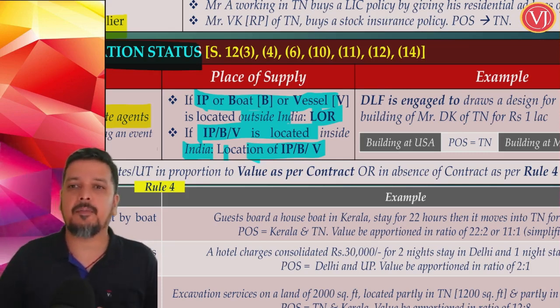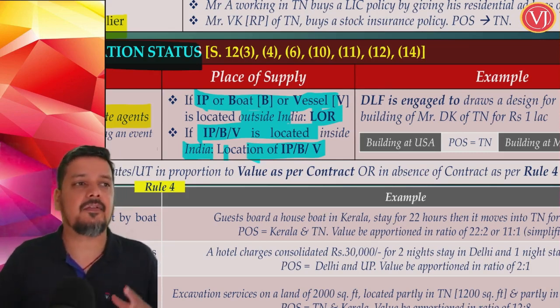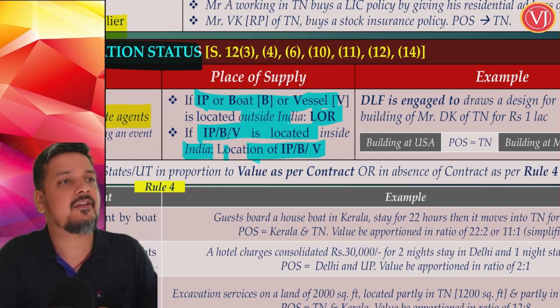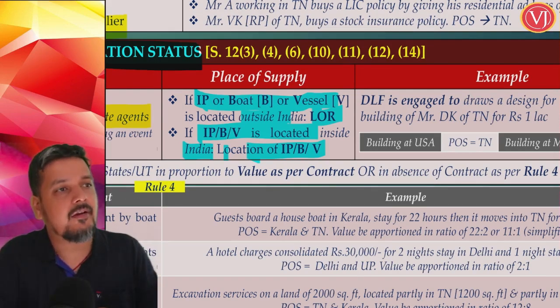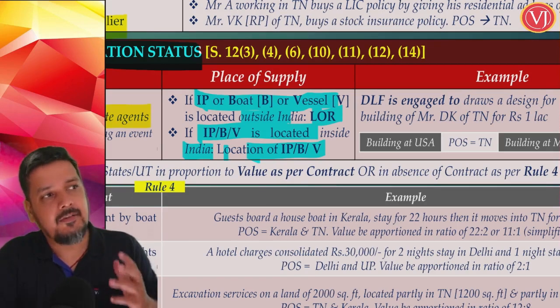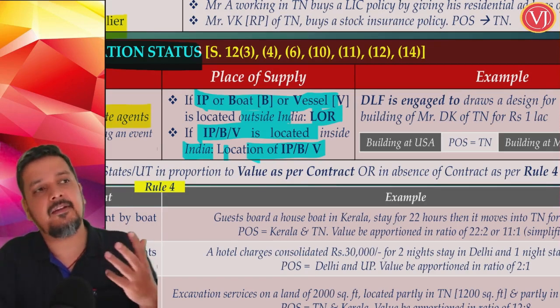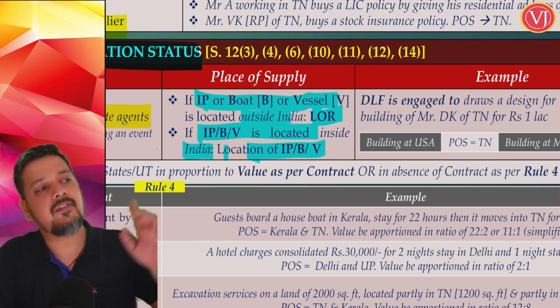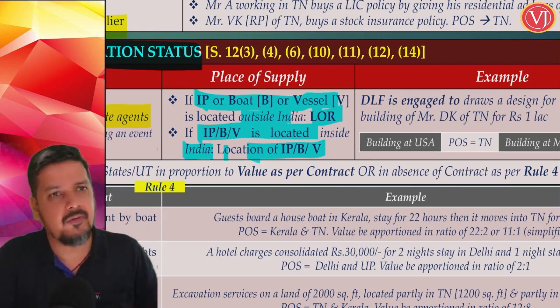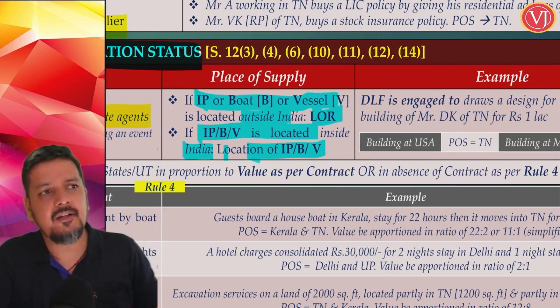I'll give a very simple example. I am an interior decorator for Taj Hotel to be constructed in Delhi. What is the place of supply? Whether the immovable property is there in India? Yes. What is the place of supply? Delhi. But if for Taj Hotel, I am giving interior designing for a hotel to be constructed in USA, Taj can start a hotel chain in USA.